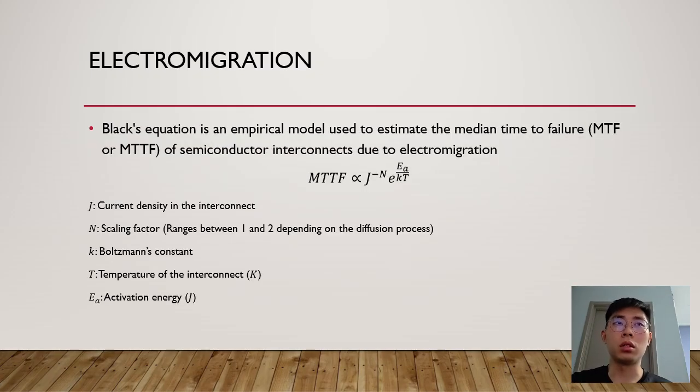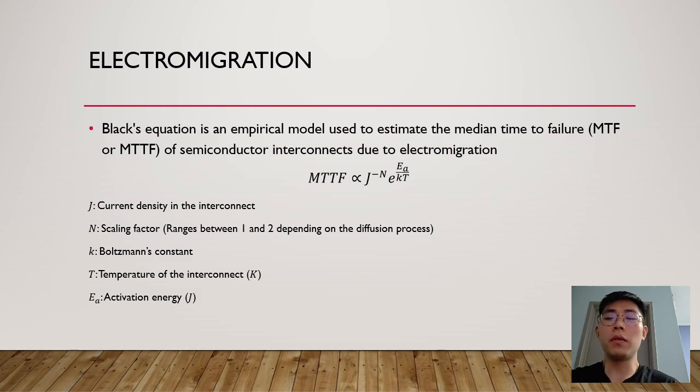The Black equation is an empirical model used to estimate the median time to failure, MTTF, for a semiconductor interconnection due to electromigration. So the formula for the MTTF is proportional to J to the power of minus n, times exponent of Ea over kT. J is the current density in the interconnection, then n is a scaling factor ranging between 1 and 2 depending on the diffusion process. k is the Boltzmann constant, T is the temperature, and Ea is the activation energy.